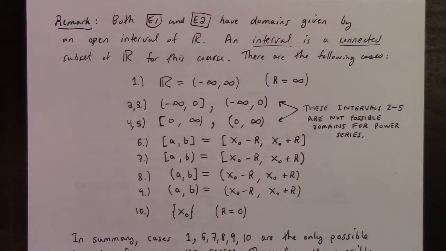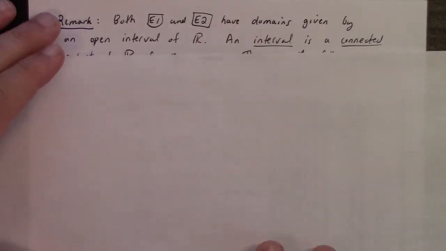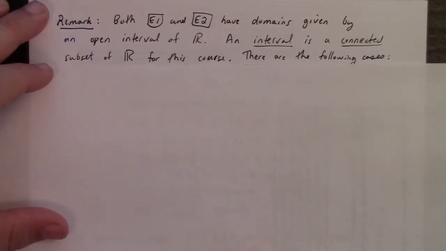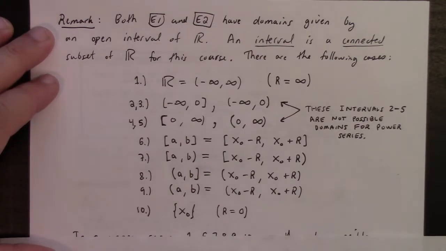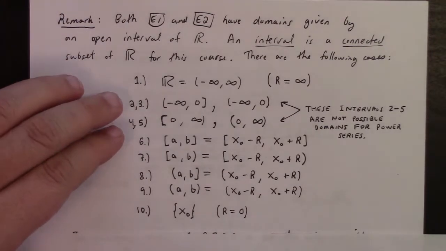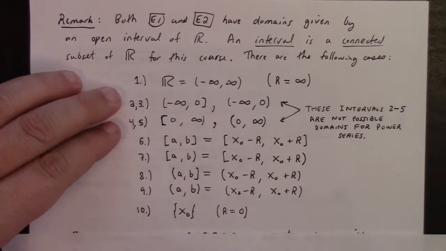So in both example 1 and example 2, I've lost my cover sheet now. Oh no. In both example 1 and example 2, we had domains that were given by an interval of real numbers. In fact, these are all the intervals of real numbers. You have the whole real line, or rays to plus or minus infinity, either including or excluding the endpoints.